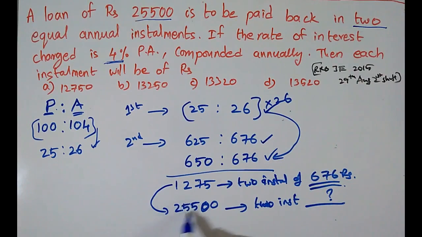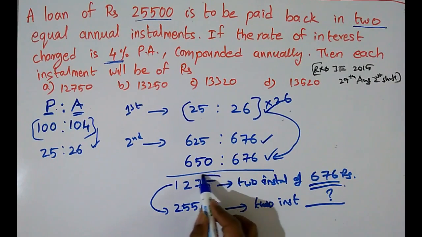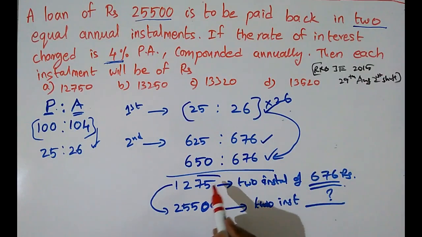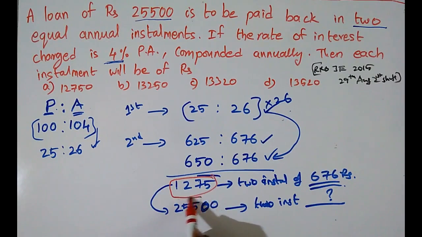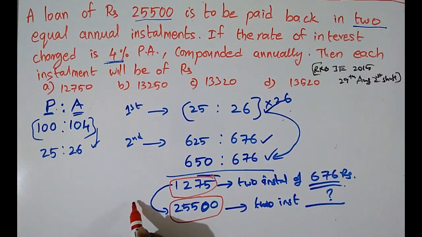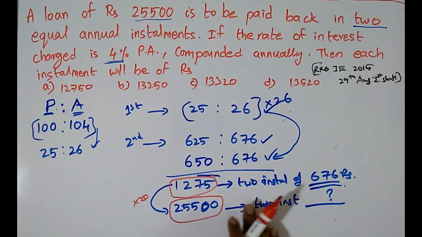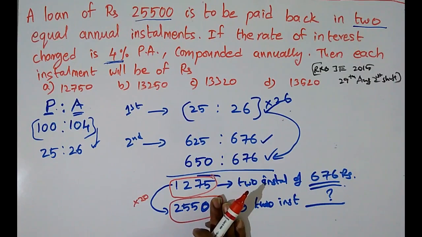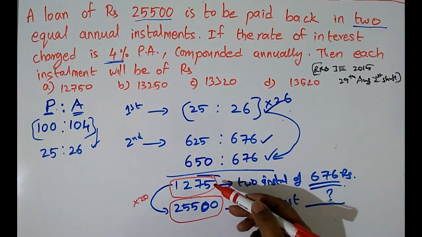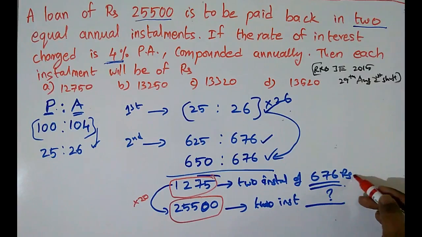See friends, is there any relationship between these two, 1275 and 25500? I think this is into 20. Am I right friends? If we double the principal, then we have to double the installment.